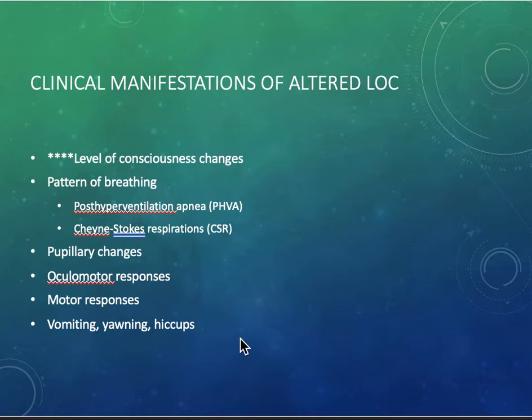So some of the other manifestations that we'll look at here include pattern of breathing, changes in the pupils, changes in the eye muscles, so the oculomotor movement, motor responses, and then things like vomiting, yawning, hiccups. Vomiting is a sign of increased intracranial pressure. Yawning is a sign of hypoxia sometimes, because you need more oxygen.